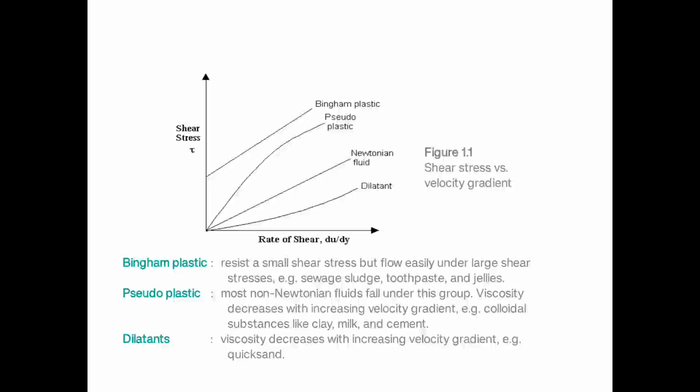What I am saying is, in pseudoplastics, the colloidal substances have more liquid volume compared to the solids suspended like grains. But in dilatants, the volume of liquids in similar substances is very small. That's why we say dilatants are things like quicksands or quick setting cements.